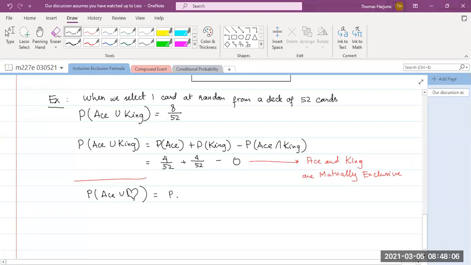Okay, so probability of getting an ace, that's 4 out of 52, plus probability of getting a heart, that is 13 out of 52, minus probability of ace and heart, there's one such card, right? So this is 4 out of 52 plus 13 out of 52 minus 1 out of 52. That's 16 out of 52.